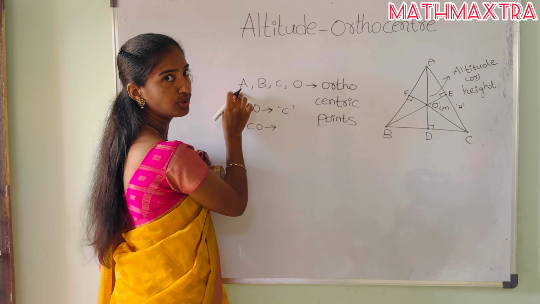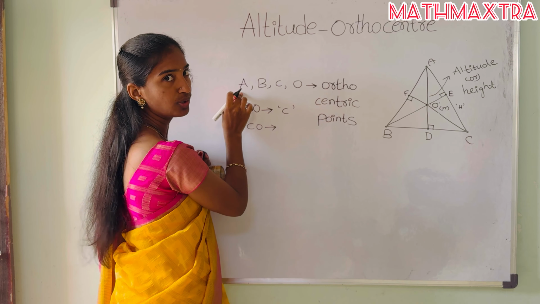Okay. Next, we have to see one relation. See, this is the vertical angle we are considering, and this is the angle subtended by the opposite side.